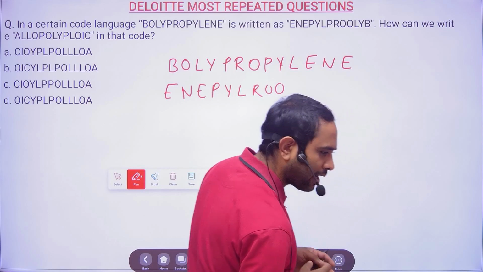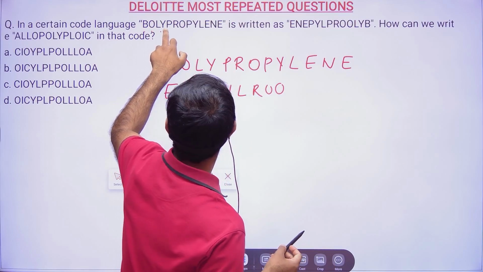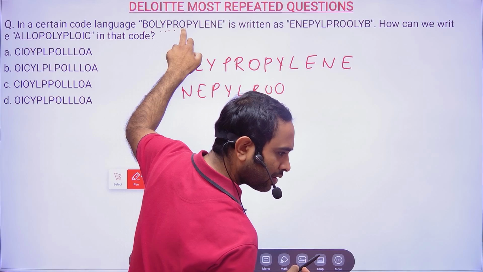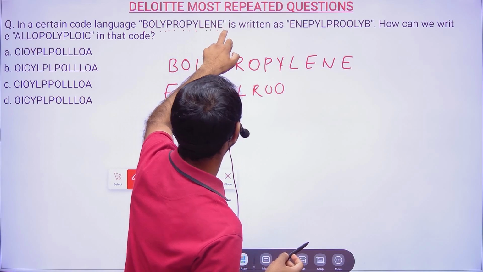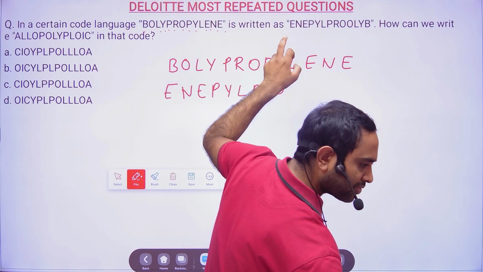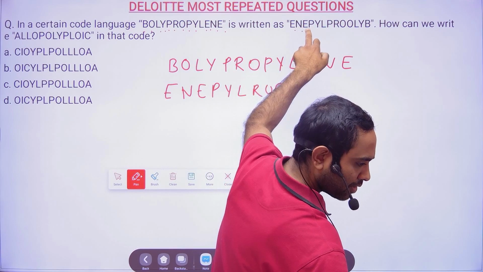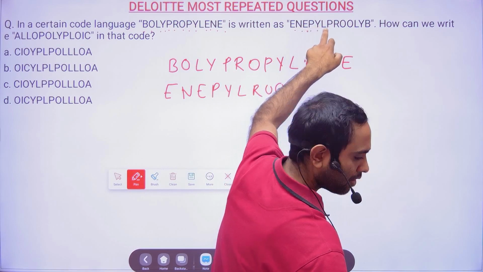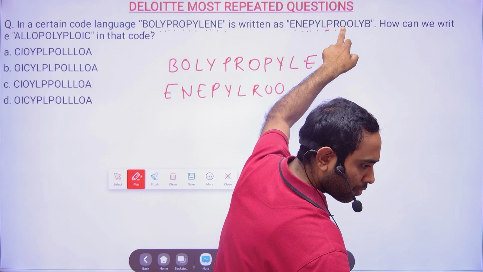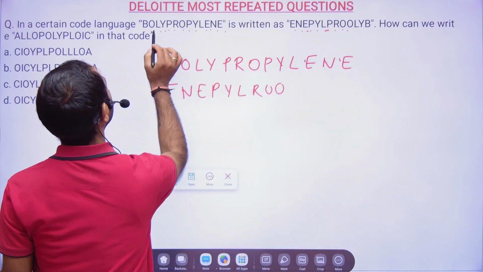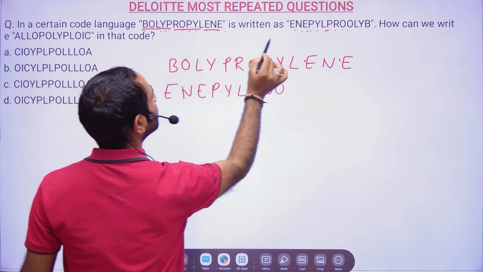So BOLY is there, then PRO is also fine, PY, LENE, this is fine, is written as... now I think there is a mistake here, so we will see ENEPYLROOLYB: E, P, Y, L, P, R, O, O, L, Y, B. So the number of letters are the same, 5 and 5, 10 and 3, 13.